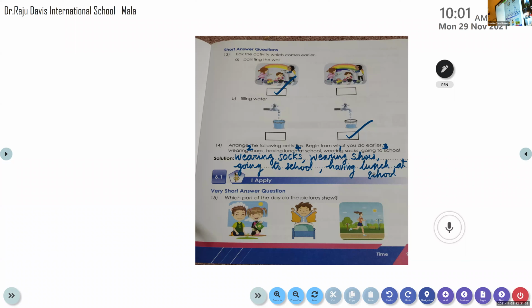Wearing socks, wearing shoes, going to school, having lunch at school.